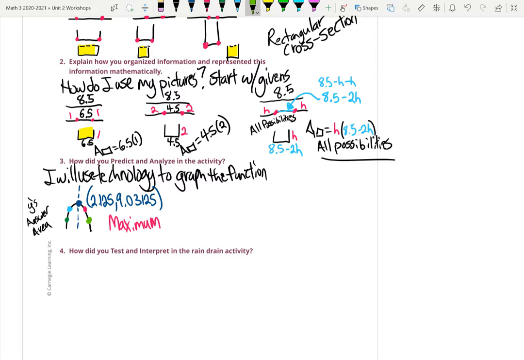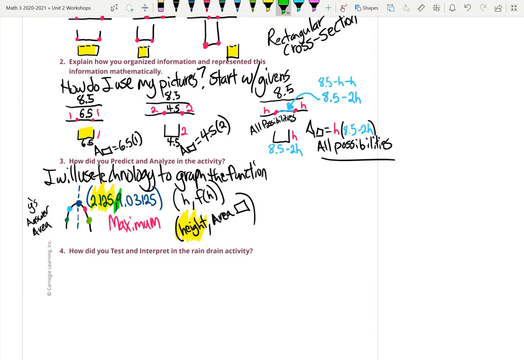It's going to be the most in the Y value. And you have to remember what we're dealing with. Here, my input was H, and my output is f of H. In this situation, that is the height, and what comes out? The area of the cross section. What is 2.125? The height.